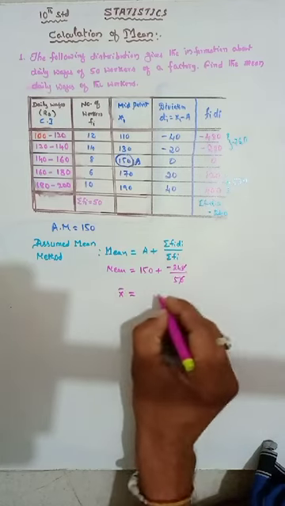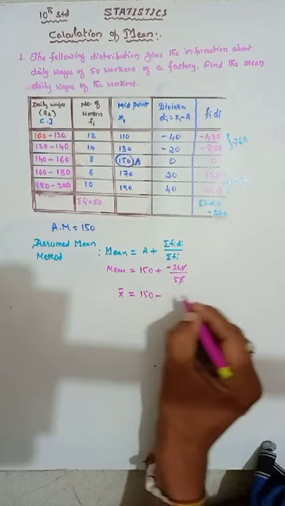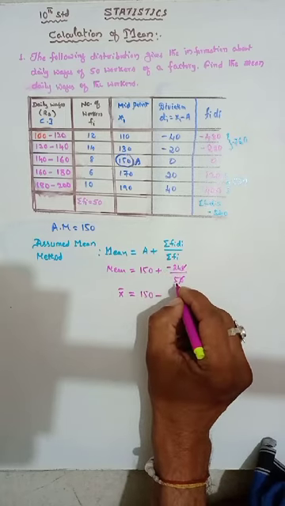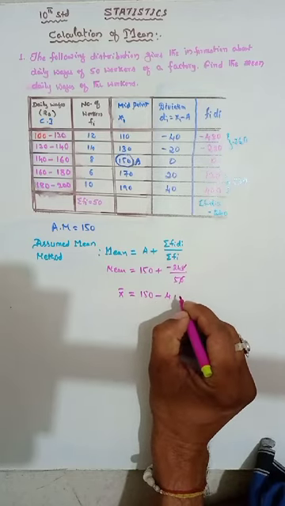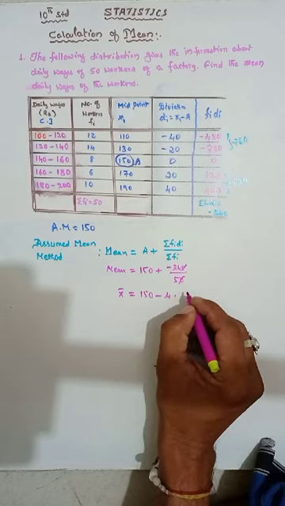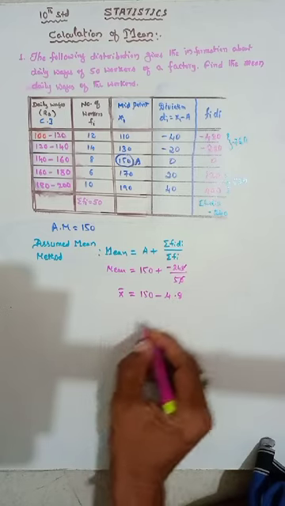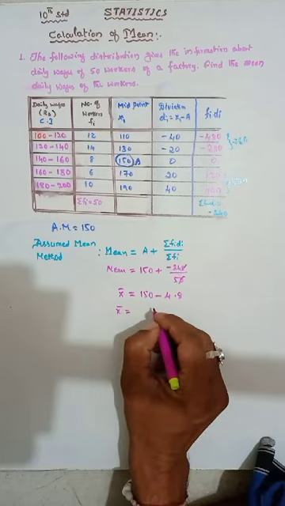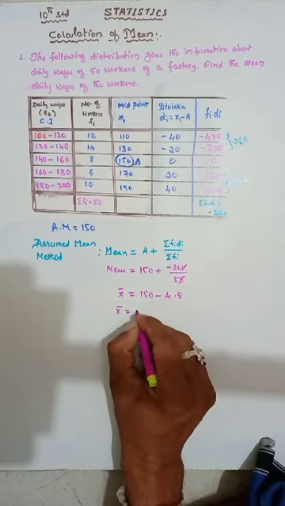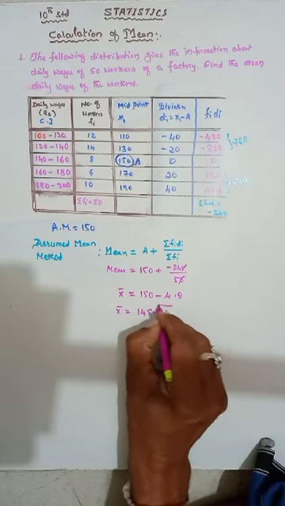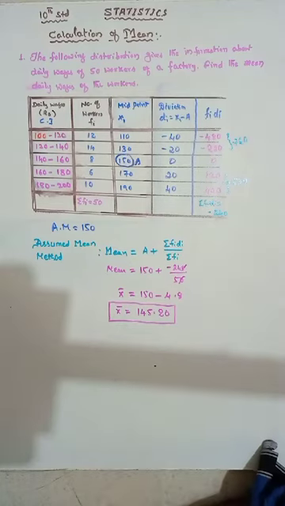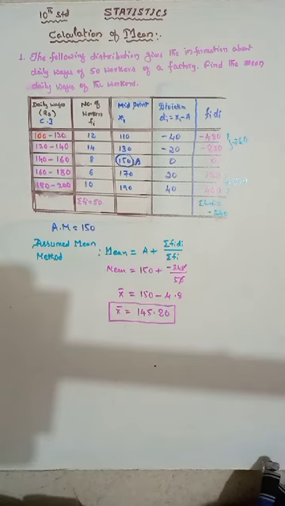This gives 150 plus into minus is minus. 5 fours are 20, 4 remains, again 5 eights are 40. The difference of these two is 150 minus 4.8, which is 145.20. So exactly we got the same mean as in the direct method also, 145.2 rupees.